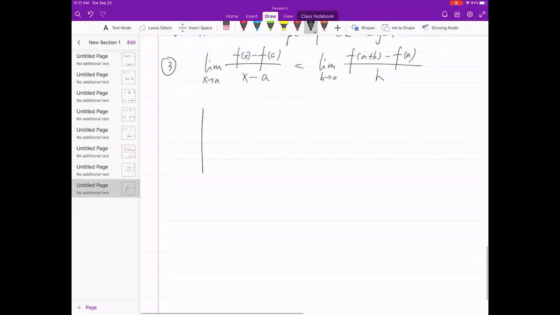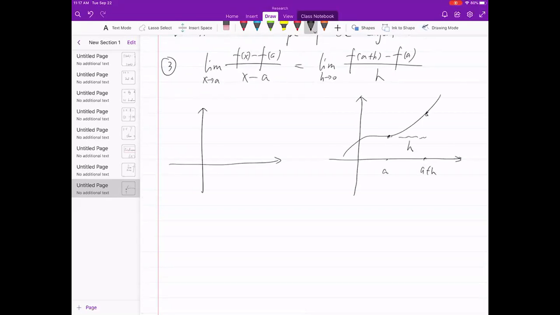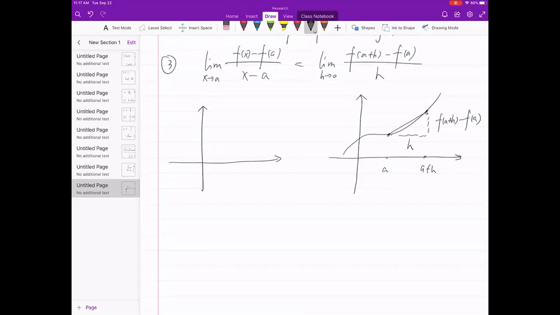Let us draw two graphs. Then we will show they're actually talking about the same thing. This we're familiar with. This is a. This is a plus h. This is h. This is f(a+h) minus f(a). We're looking for the rate of this line. Now, of course, the formula on the left does exactly the same thing, except they name things a little bit differently.